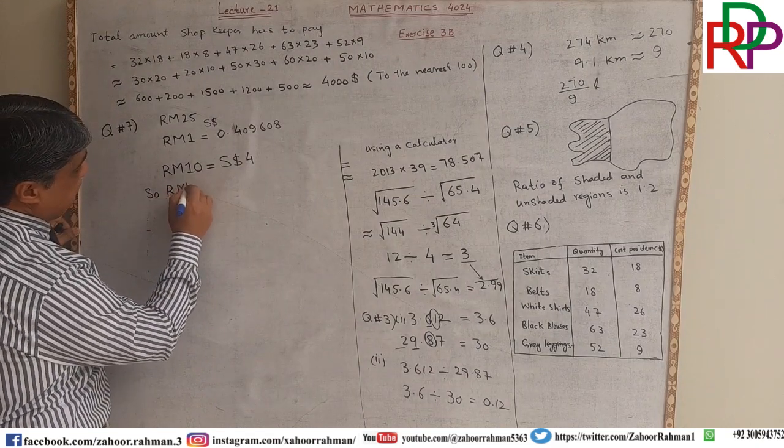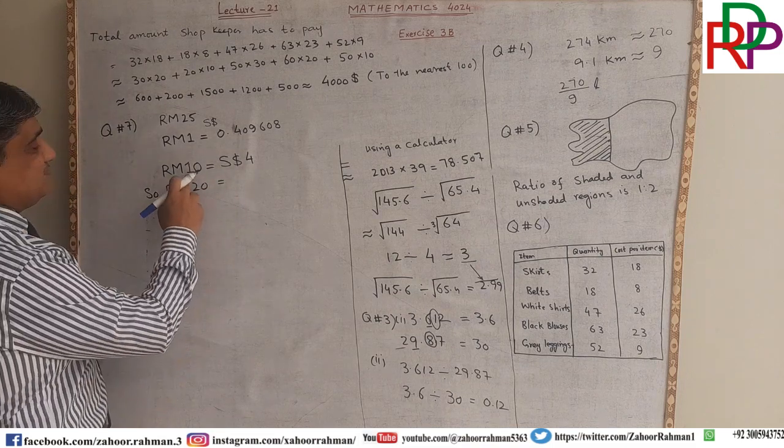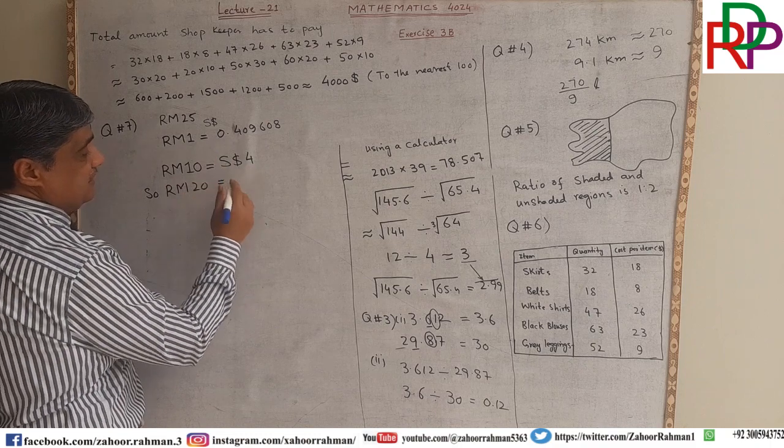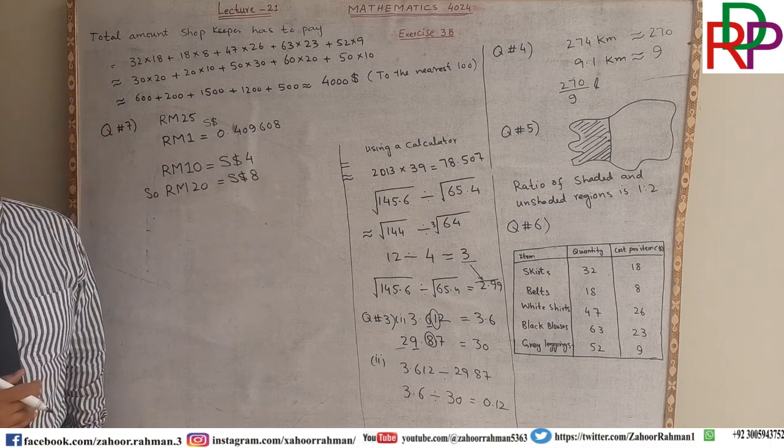Ringgit Malaysian 20 will be equal to what? Double, so it will also be double: Singaporean dollar 8.